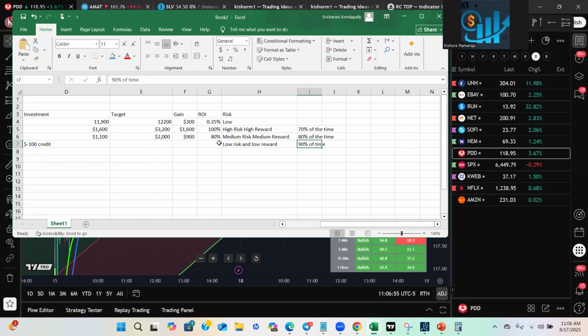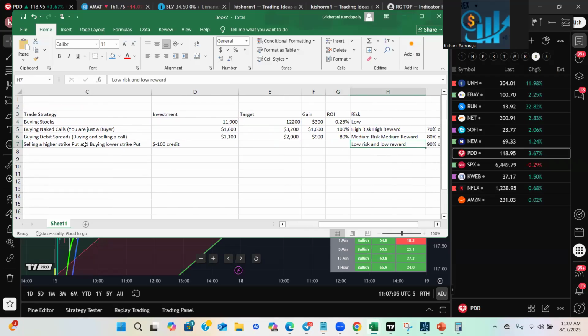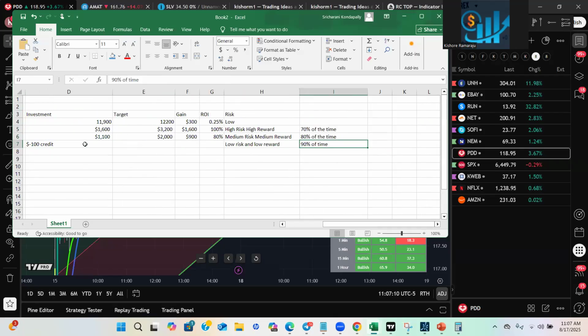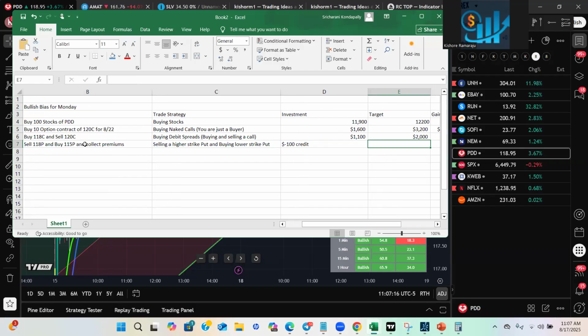So it is based on your risk profile. If you don't want to take risk, you are a low risk trader, you can go with this option. Again, I'm just giving PDD as an example, but you can use it for any stock, SPX. You don't want any assignment risk, then you can do it with SPX or XSP.